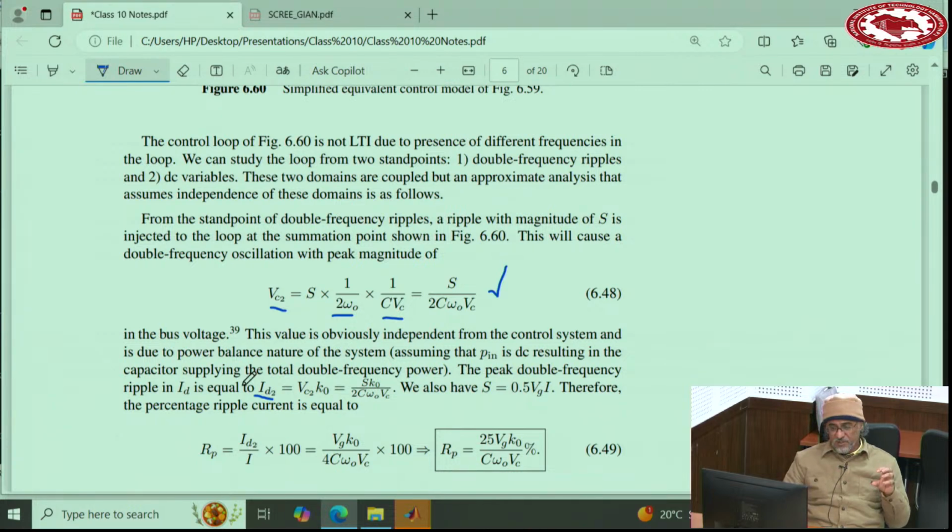Double frequency in D will be a third harmonic in the current. So that we care about. We don't want that to be too much because the current becomes distorted. How much is that? That's VC2 into K0. And now the control parameter appears. K0 is here. Okay.